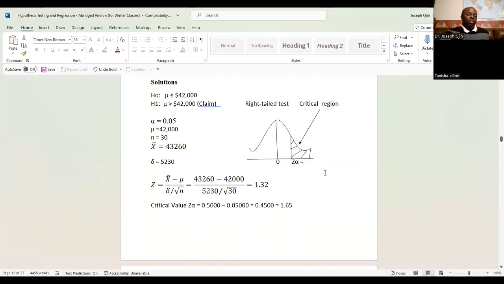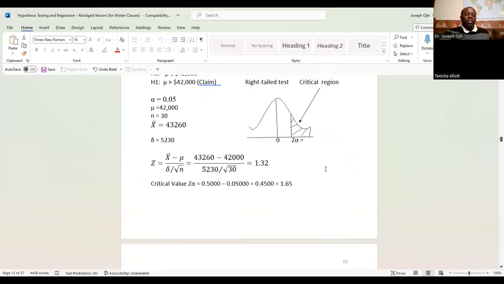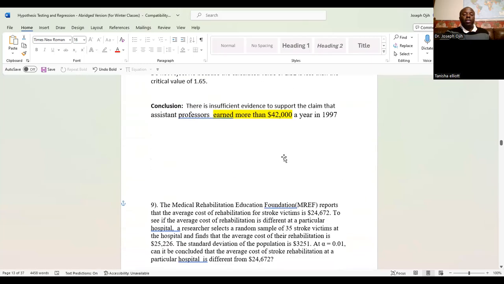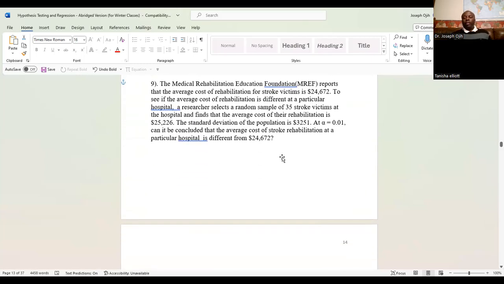All right, since there's no question, let's try another one. This one was a right tail test. Let's try one that is a two tail test, like this one here. It says that the Medical Rehabilitation Education Foundation reports that the average cost of rehabilitation for stroke victims is 24,672.